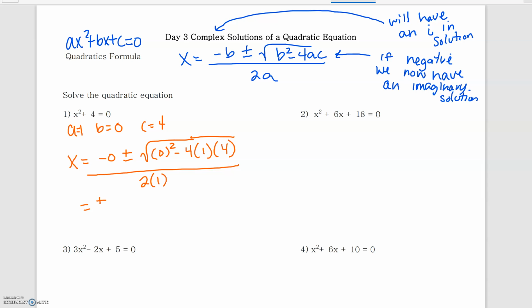Because there's no number out front here, it's just going to be the plus or minus, and then we have negative 4 times 4 is negative 16 all over 2. So that's going to give me plus or minus i square root 16 over 2, which is plus or minus 4i over 2, which can reduce to plus or minus 2i.